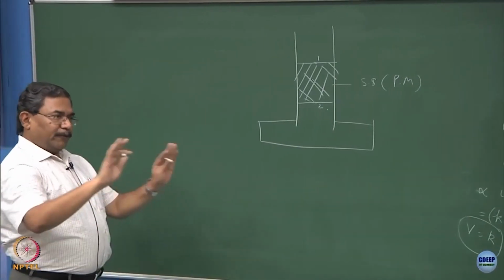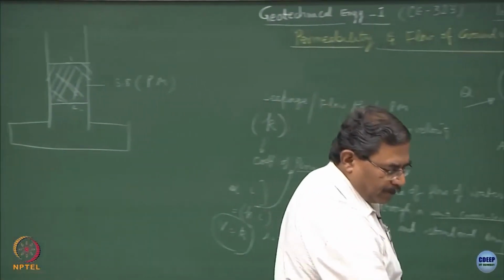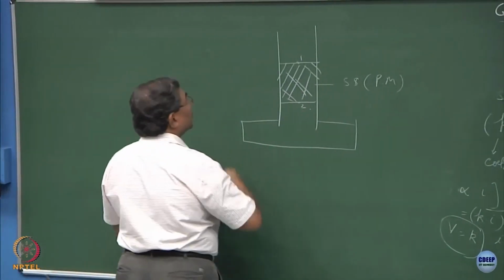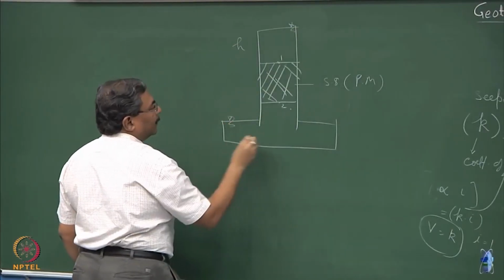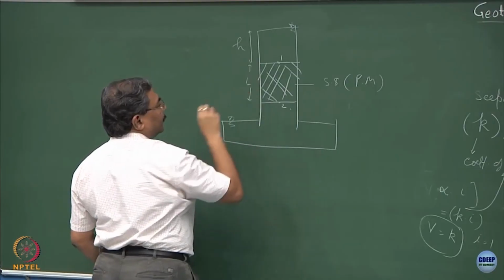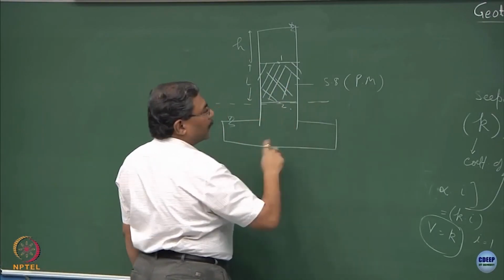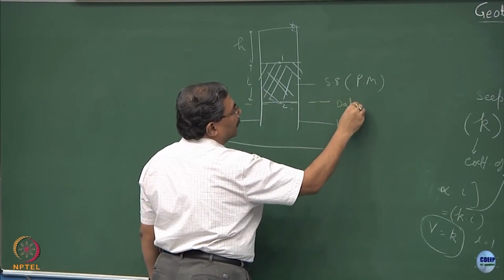Come out of all confusions, simplify things. This is H, the water table, this is the water level here, and the length of the sample is L. Shift the datum to this point number 1, to get rid of all these confusions. So, this becomes my datum.